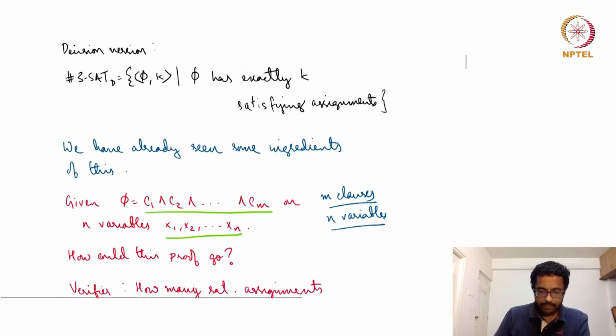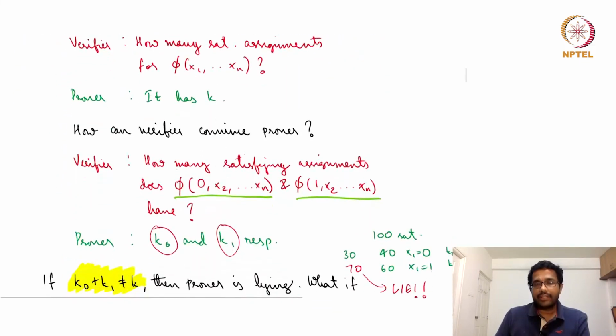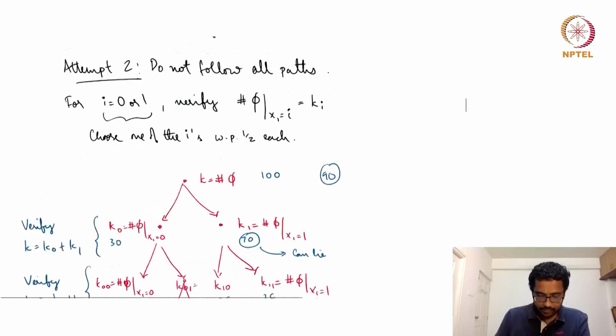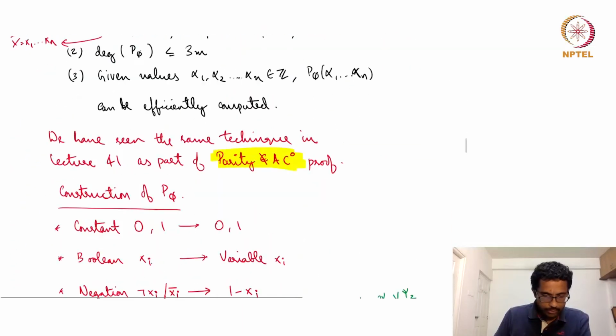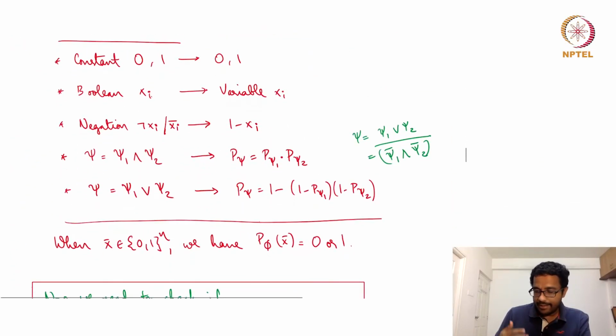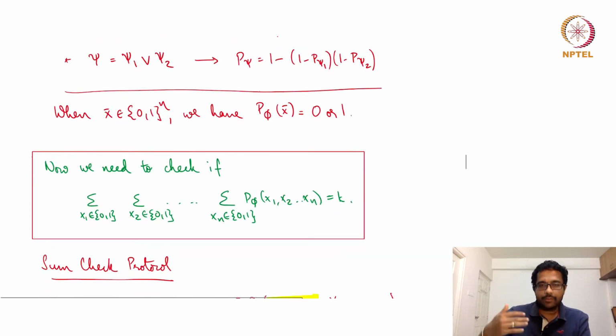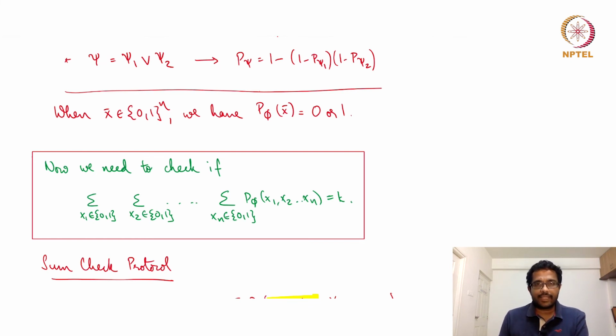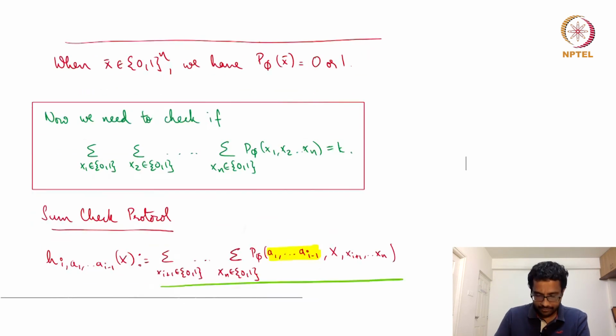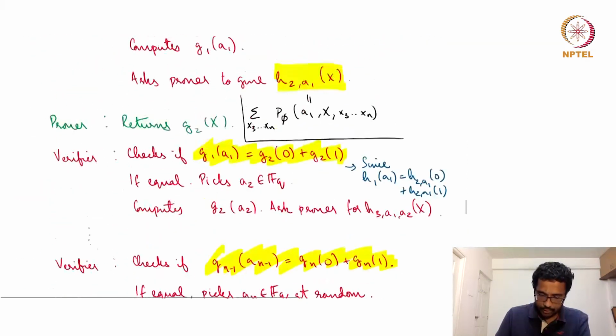We saw that #3SAT has a public coin interactive proof system, which uses public coins very nicely. The proof system could convince the verifier that the number of satisfying assignments to a Boolean formula is equal to something, which was the sum-check protocol.